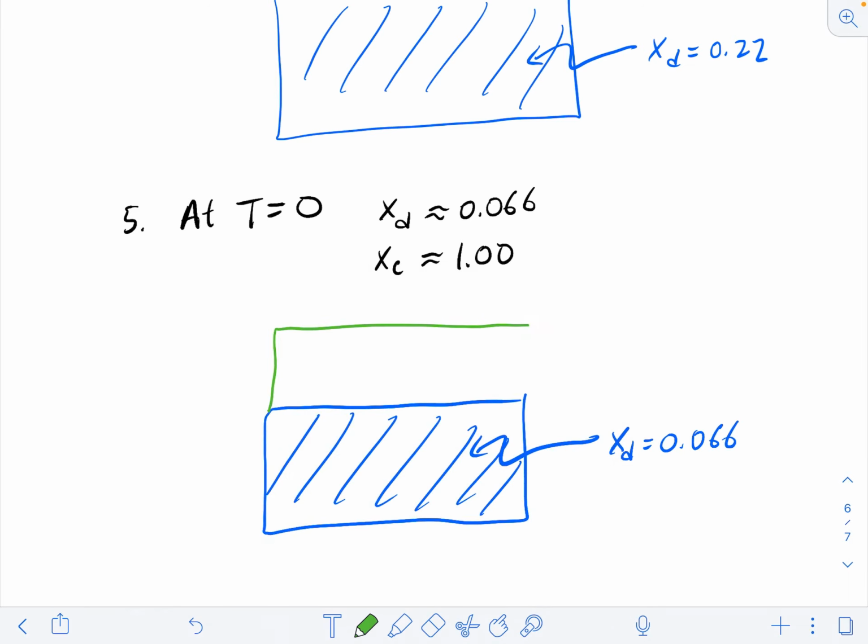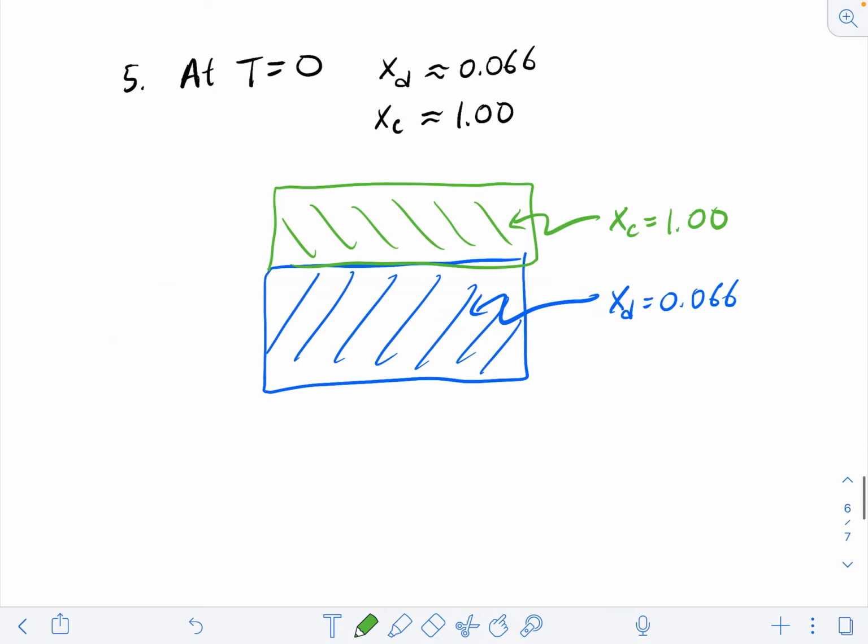And the size of our pure phase, our concentrated phase, has grown again a little bit. Okay, good. And so that's basically where I'm going to stop.